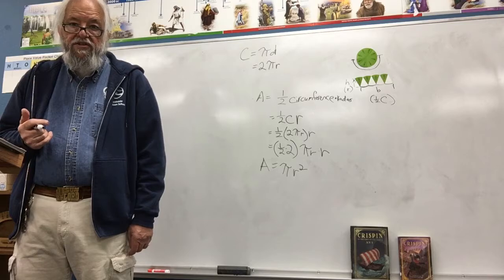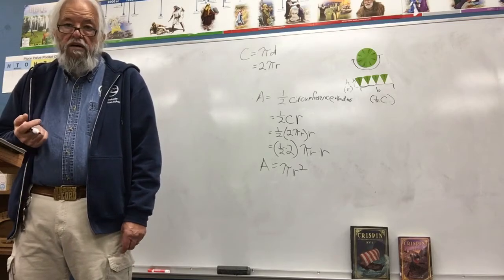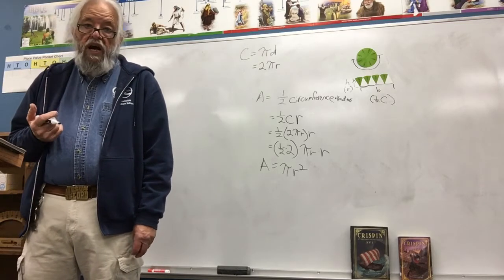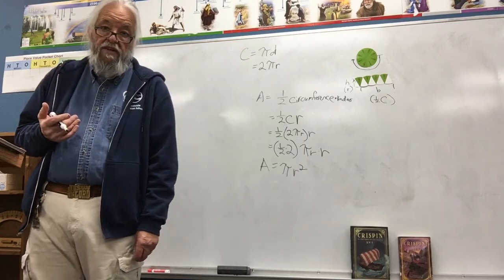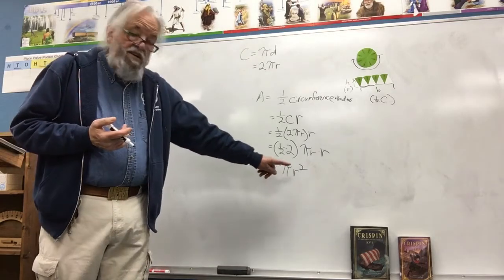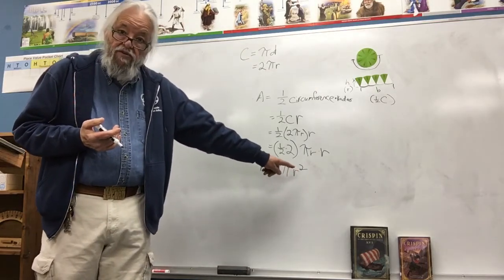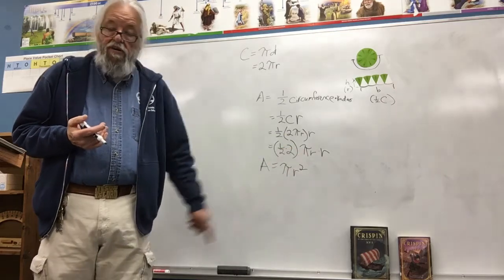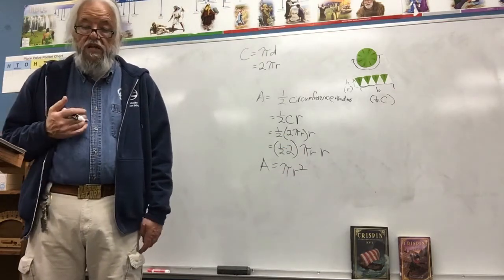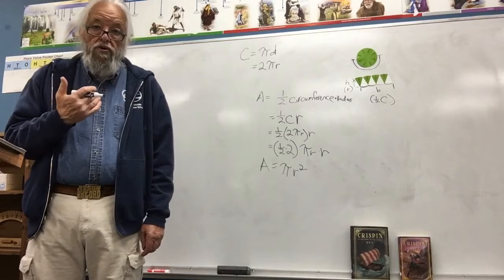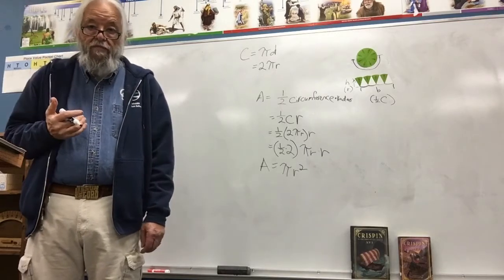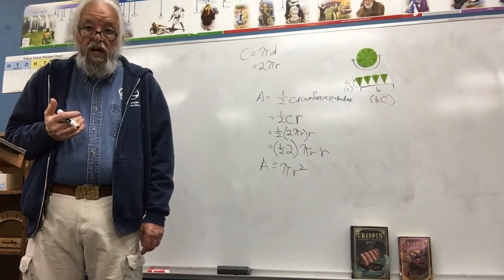So if you know the radius, you square it, you multiply it. Now, squaring it, don't take r times 2. You do r times r. Radius times radius. If the radius was 2, 2 times 2 is 4. Okay?